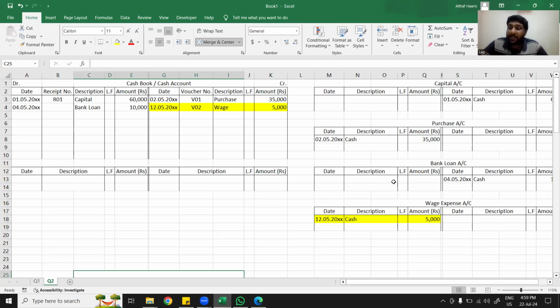Yes, rent income and rent are two different things. If it is just rent, that means it is an expense.